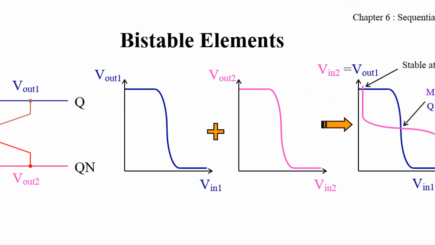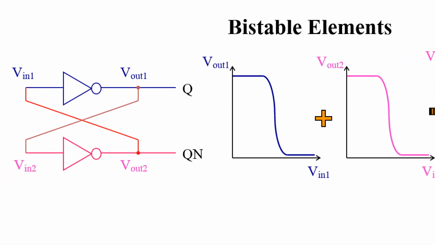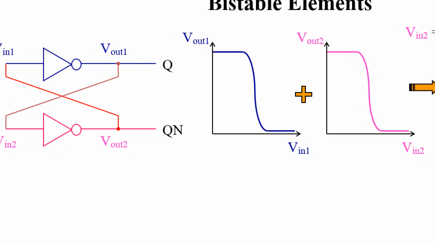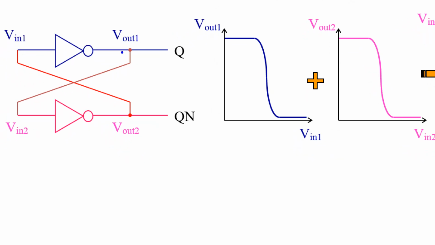Anyway, actually, this circuit can also be stable, or can balance, at another value. If I apply 2.5 volts at this point, at the middle, the output is also 2.5 volts. The middle is also 2.5.